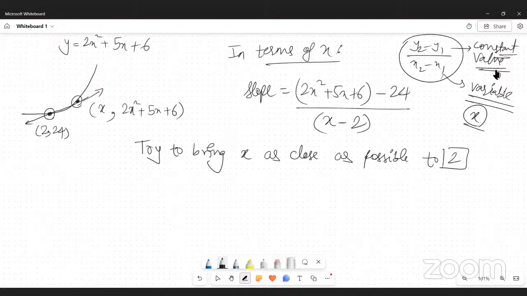Am I allowed to do it? So what I'm trying to do is, here we have this point 2 comma 24. But the other point I'm choosing on the curve is very, very close to it.